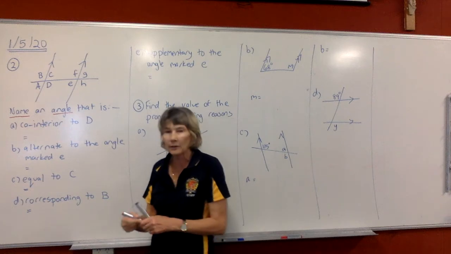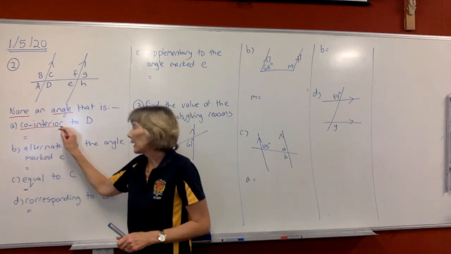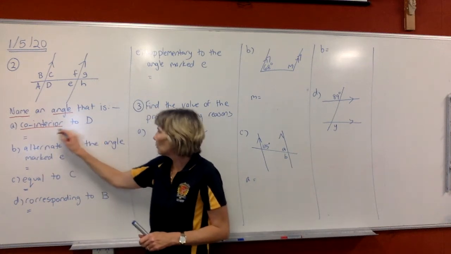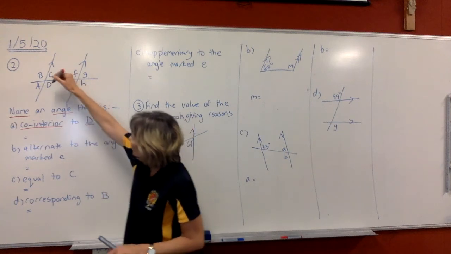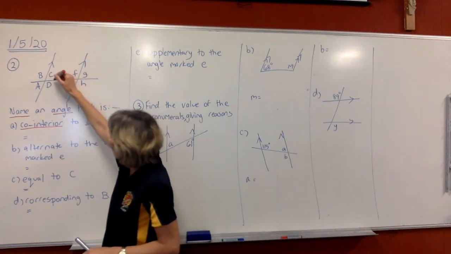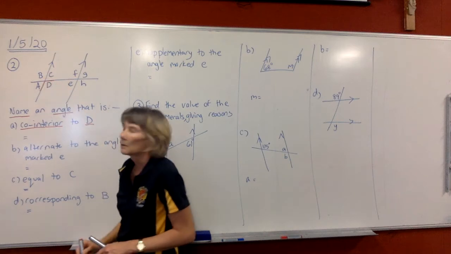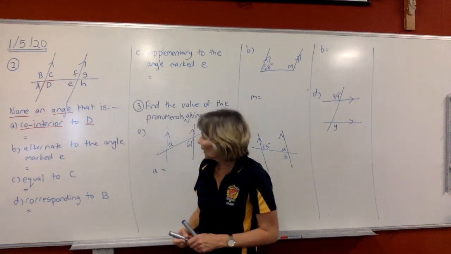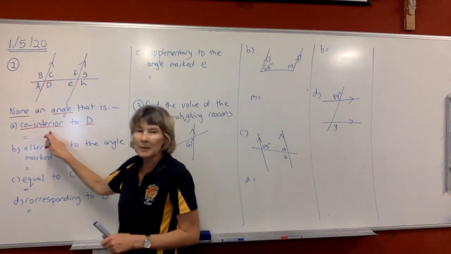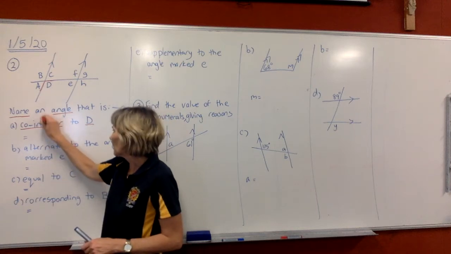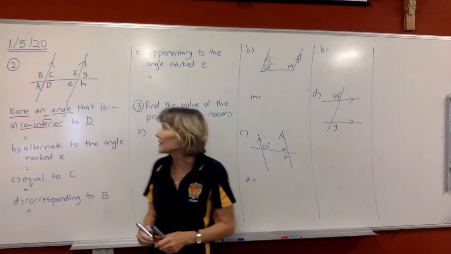Okay, so if we look at the first question, we're co-interior to angle D. So here's angle D, so we need to go around that. So there's D, we've gone around it. Co-interior forms a C shape, so I'm going to write that above it. It's forming a C shape.